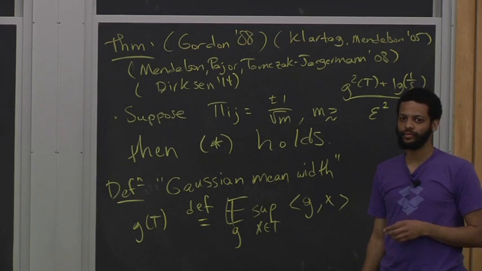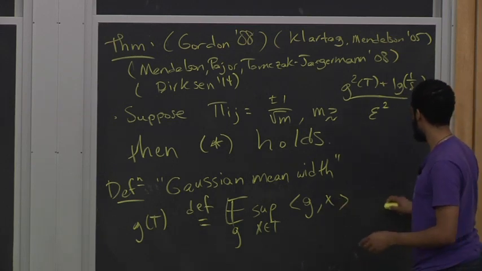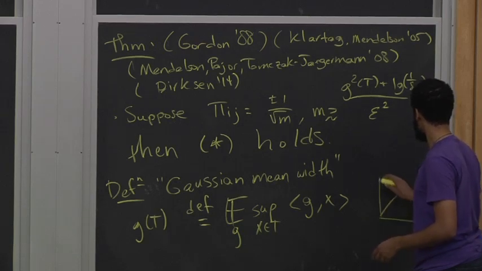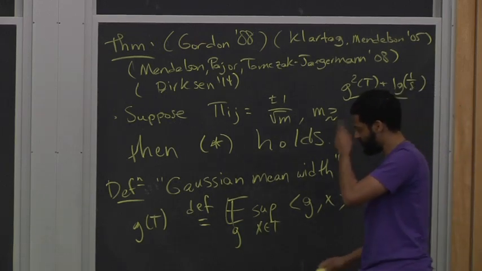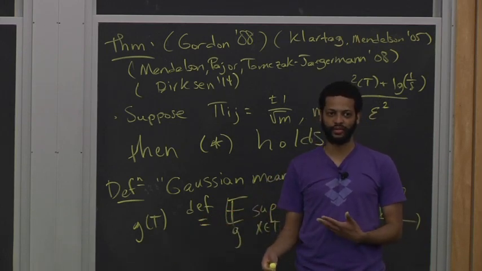So, for example, if all the vectors in T are orthogonal, g is just a vector of independent Gaussians. They all have mean 0 and variance 1.